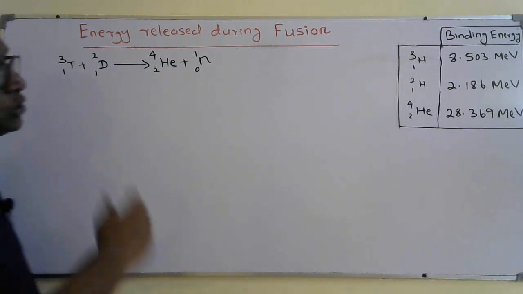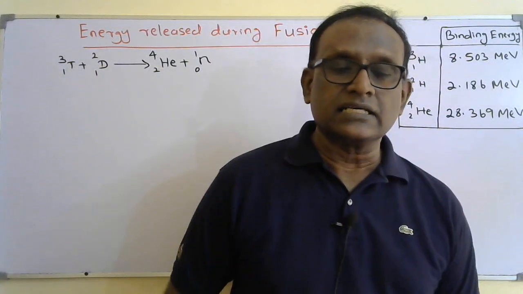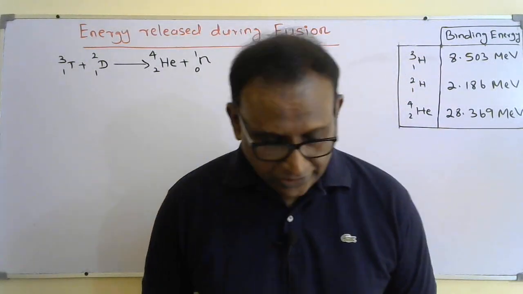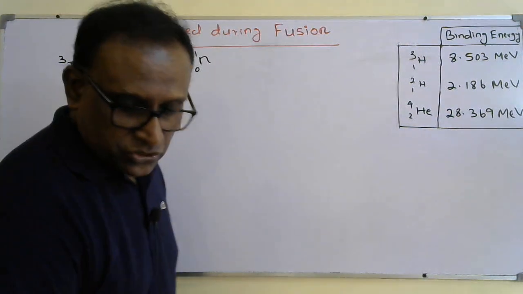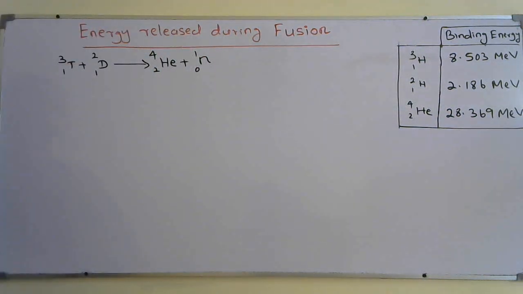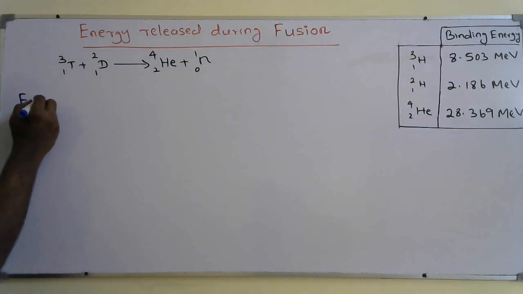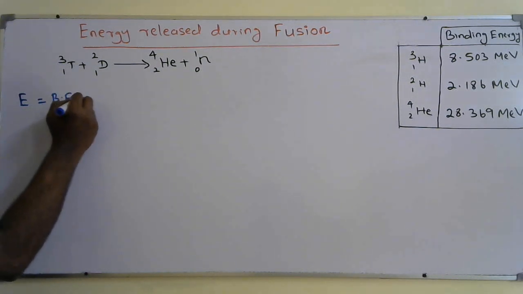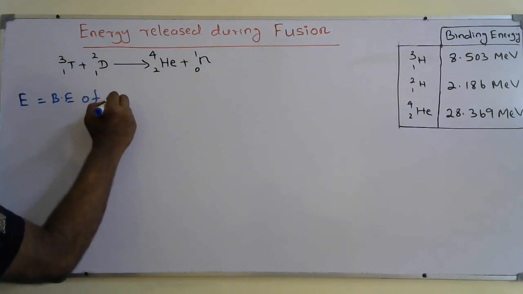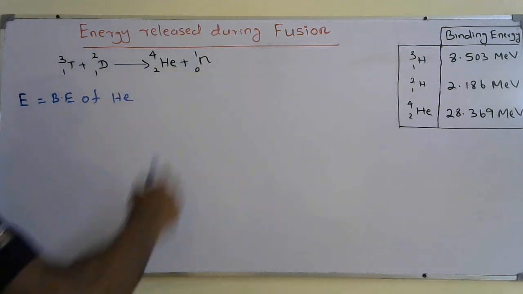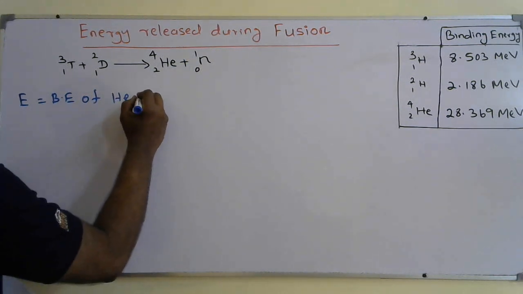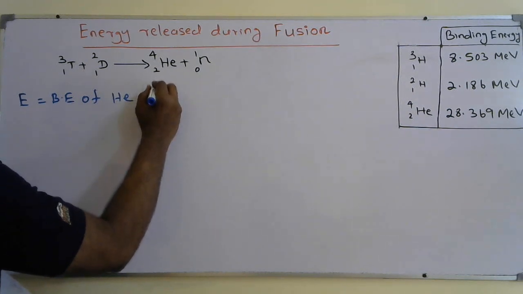Okay, second method. I told you we can find the energy release during fusion by using binding energies. So here we can write the energy released is equal to binding energy of helium. Neutron has no binding energy, because it's an individual free particle.